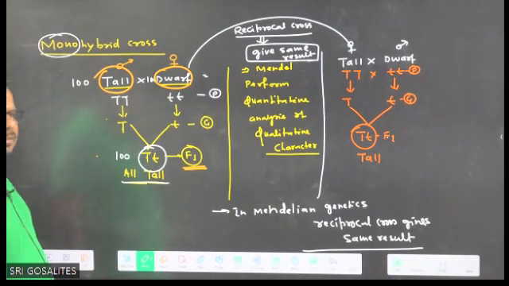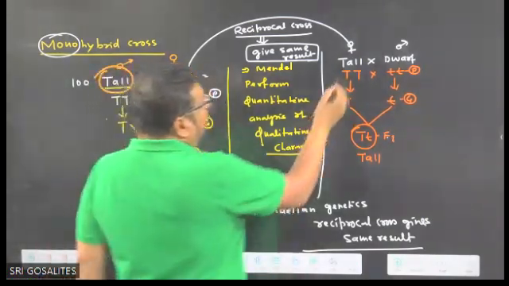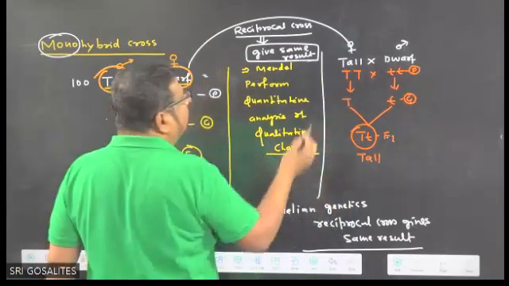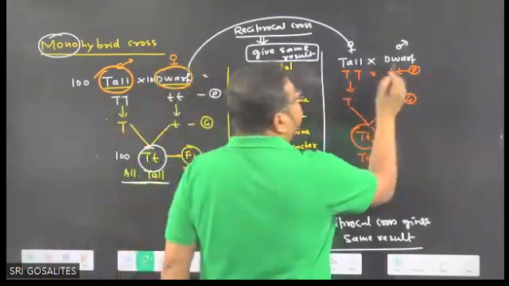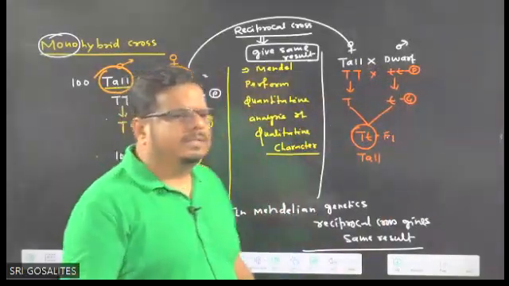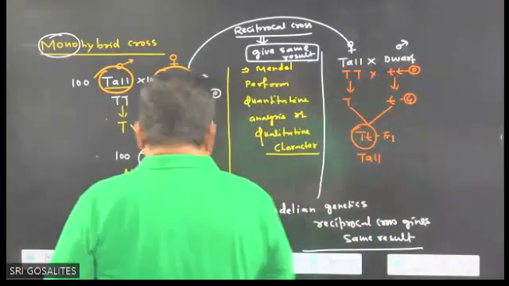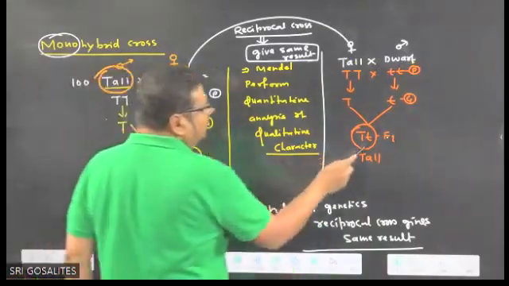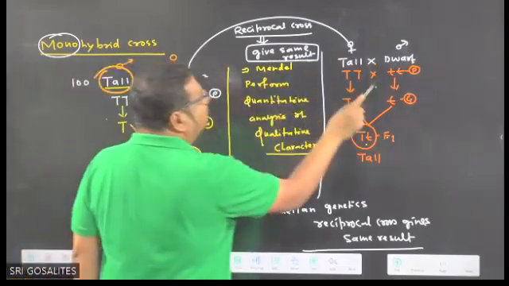Now what will happen when we take female as tall and male as dwarf, just opposite to the first case? No change in the result will come. Here also progeny are tall. So these two crosses are reciprocal crosses of each other.